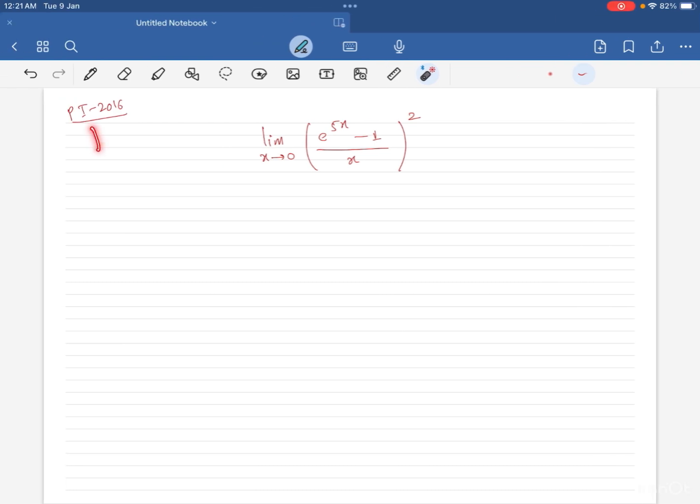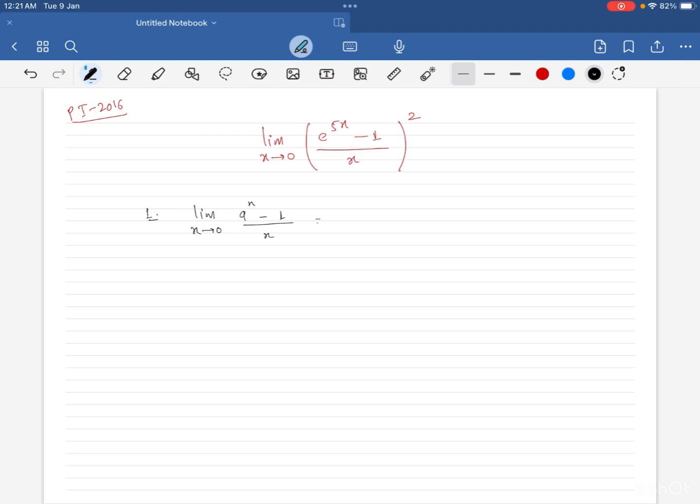So this question is from PI 2016. This is an exponential limit, right? And we have a few important exponential limits that we should know. The first one is limit x tends to 0, a to the power x minus 1 divided by x, right?